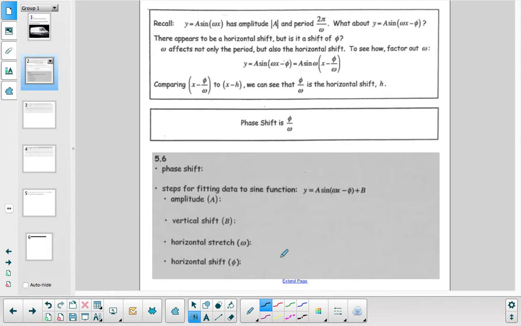So that thing is called the phase shift, and a phase shift is basically horizontal shifts. You'll remember that horizontal movement is the hardest thing for me to think of because it's usually the opposite of what's going on. Same thing with phase shift. It's a horizontal movement, so you have to think about it more, or at least I do.